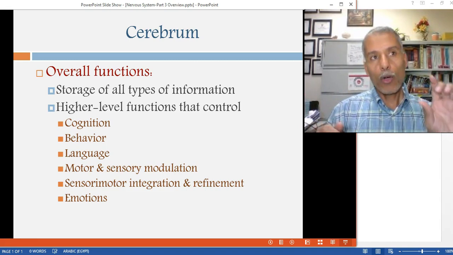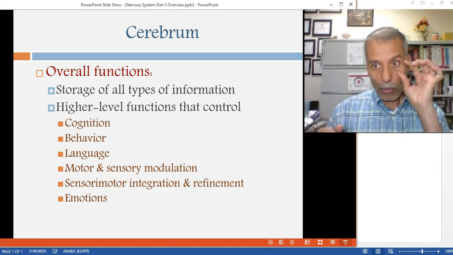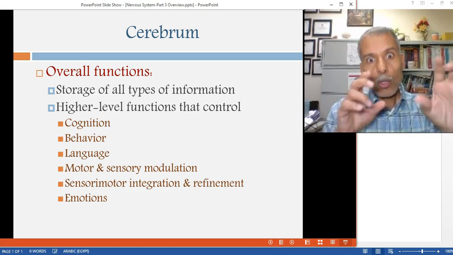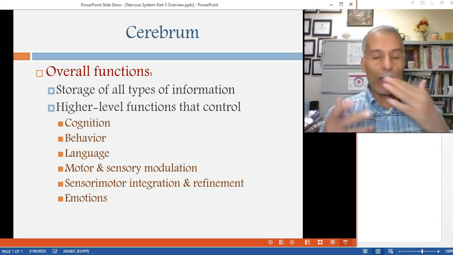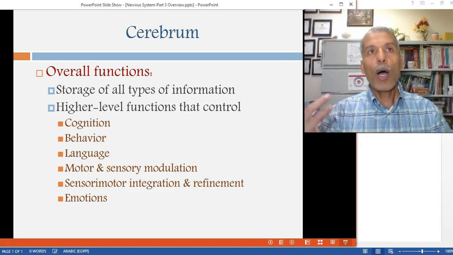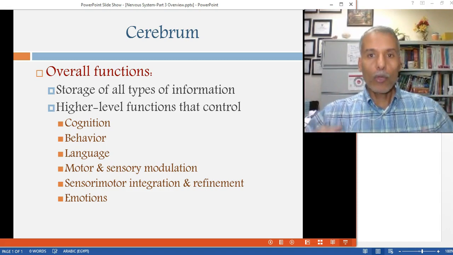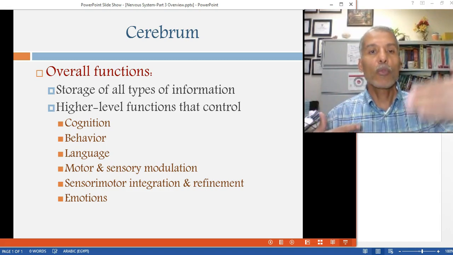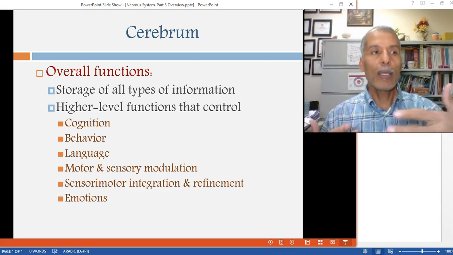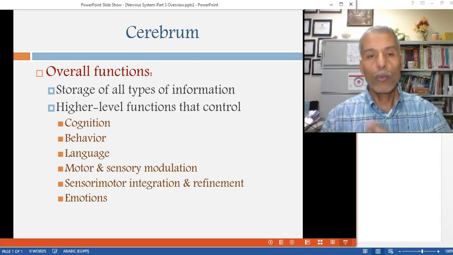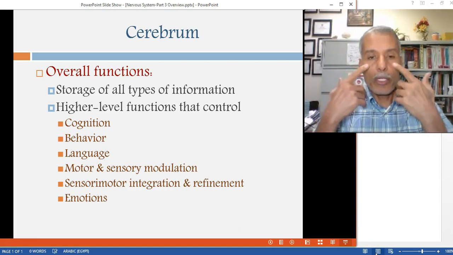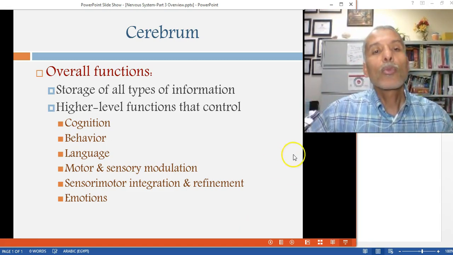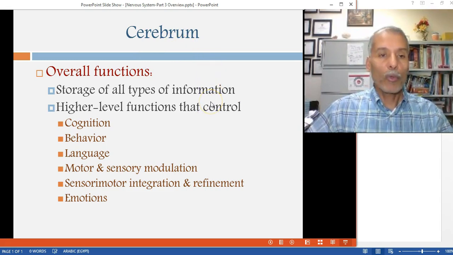And as you perform, you are constantly getting feedback through your visual modality, watching what is going on, where the other people are, what they are doing, or if you are playing with another person, you are performing your own movement, regulating your motor behavior in relationship to the person who is playing against you or with you. And in some cases, let's say you have music, so you can integrate auditory, visual, and motor all together. And that is what the cerebrum enables you to perform.